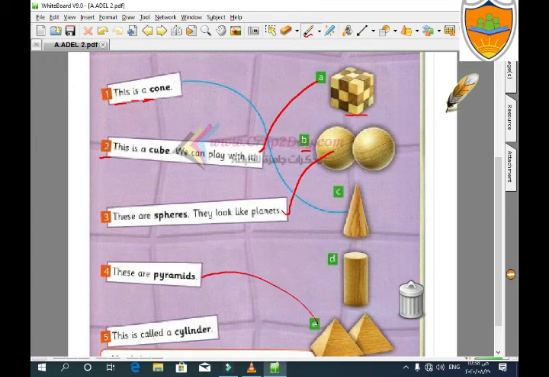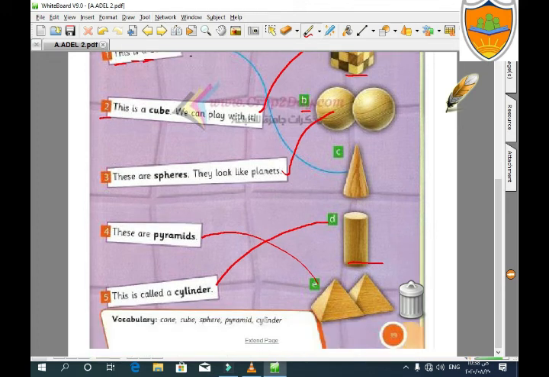So number 4 with letter E. And number 5, this is called a cylinder. Where is the cylinder? Letter D. We will match number 5 with letter D. Next page.